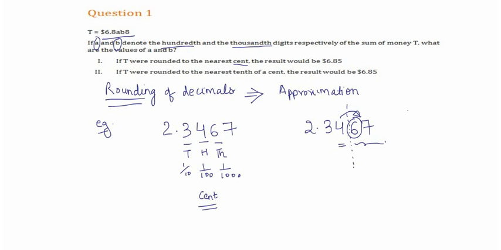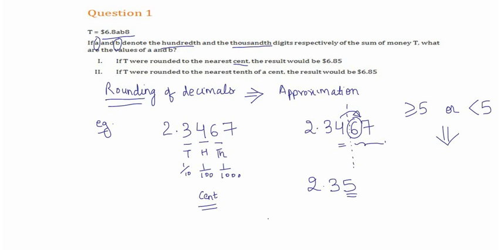If this digit is greater than or equal to 5, or less than 5, depending on this we will be approximating it. In this case the digit is 6, which is more than 5, so the approximation will become 2.35. Basically I have to add one unit to this number 4.